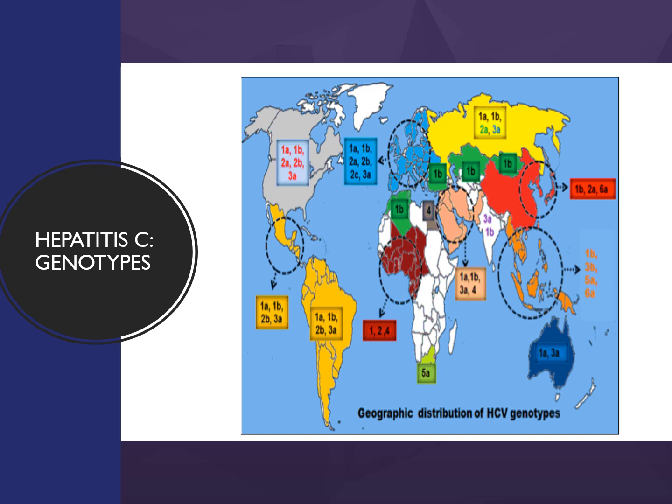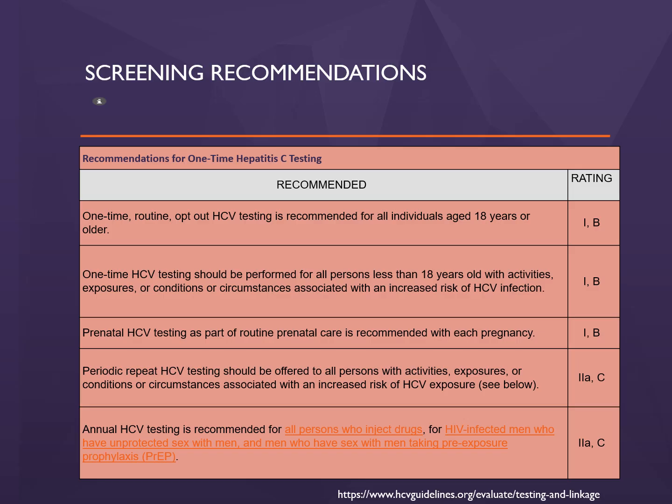That is not something you as a primary care clinician may be doing on your own. However, you need to be aware that when a patient is treated for hepatitis C, their genotype must be considered.